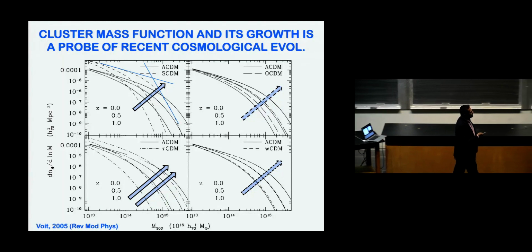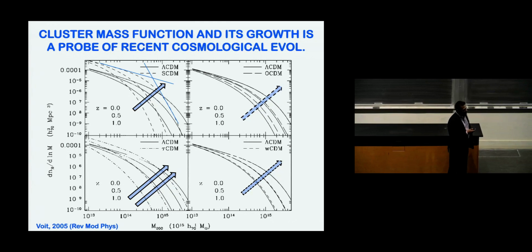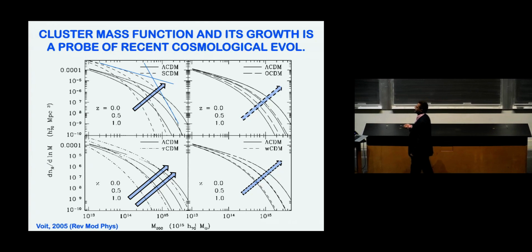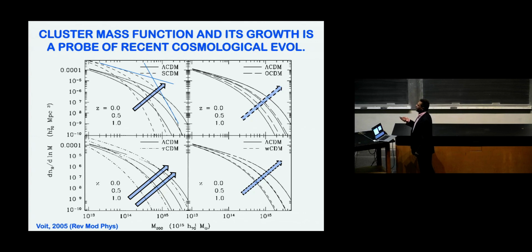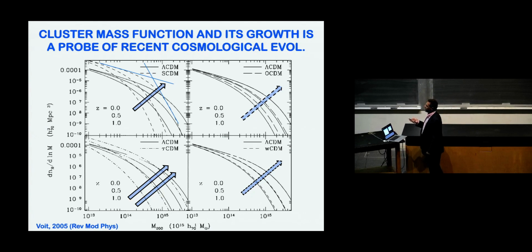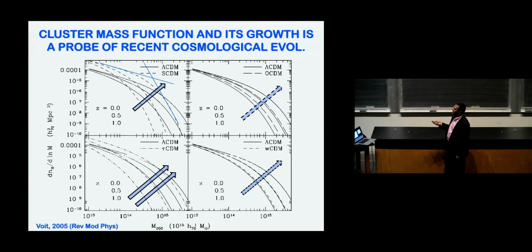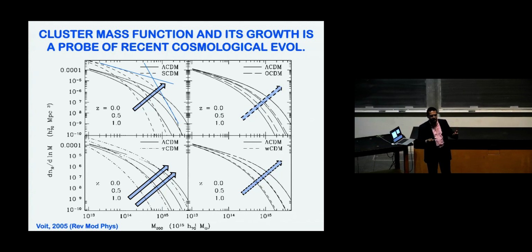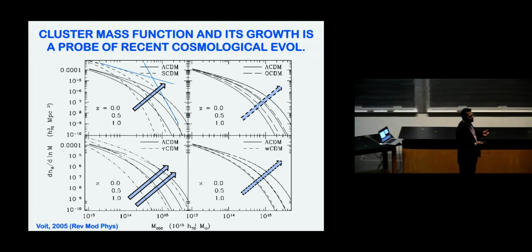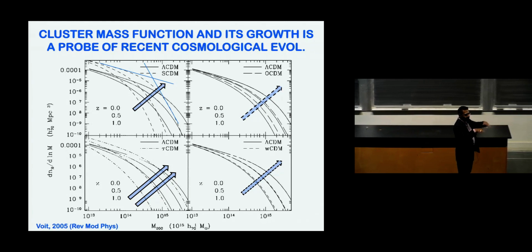Now, if I looked at the mass distribution of clusters at different epochs, and I looked at how rapidly this mass distribution was changing, so I'm looking at the shape of the mass distribution, and I'm looking at how rapidly it evolves, it turns out that those two quantities are very sensitive to certain parameters that define the expansion rate of the universe and also the amount of matter in the universe and also the amplitude of the initial fluctuation.